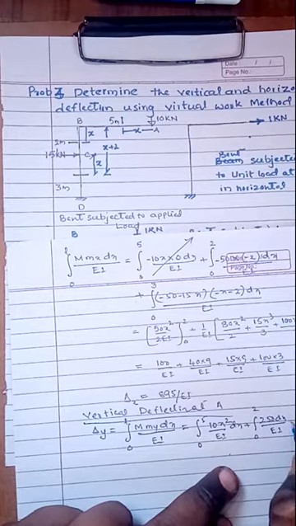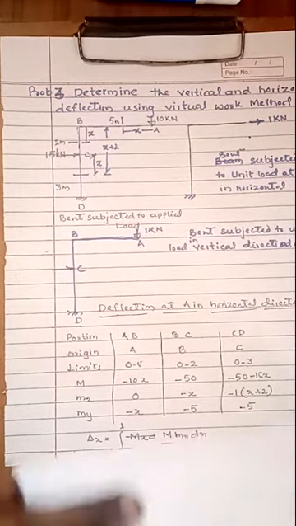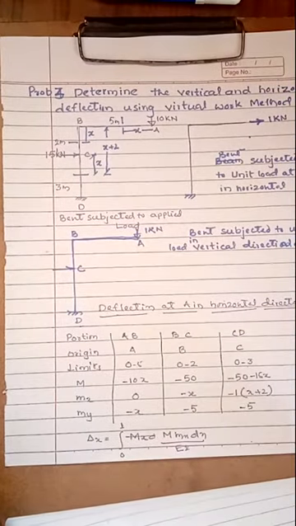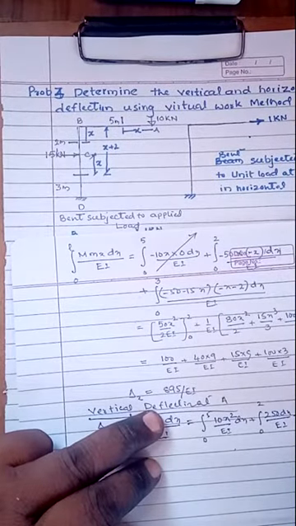Then for the third portion, the limits are 0 to 3, and the bending moment is 50 into 5, 250, that is positive, plus 15 into 5, that is 75x, dx divided by EI.